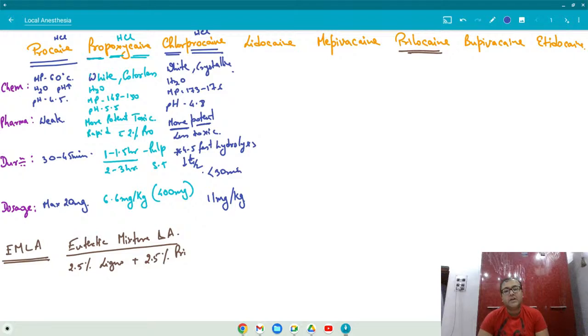If a 1 kg baby is there, there is no 1 kg baby actually, but hypothetically, you can give it 11 milligrams. For an average individual of 70 kg, it is supposed to be 770 milligrams.